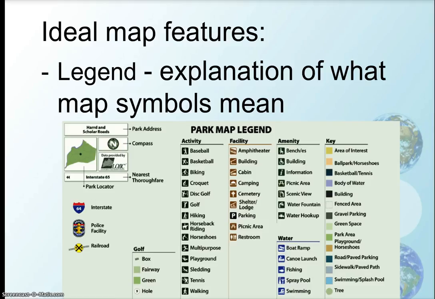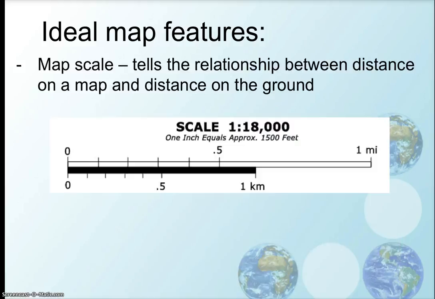So the legend tells us what all of those symbols mean. And it might seem pretty straightforward with this map because the symbols that they're using are very pictorial, but on a lot of maps we need more information to be able to figure out what it is we're looking at.